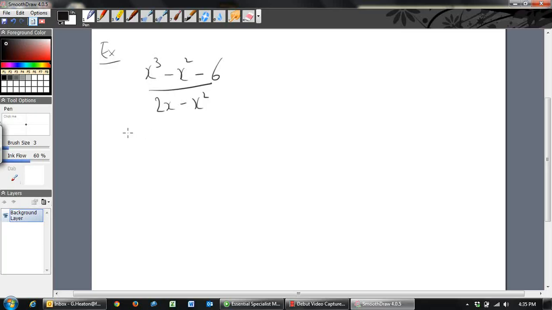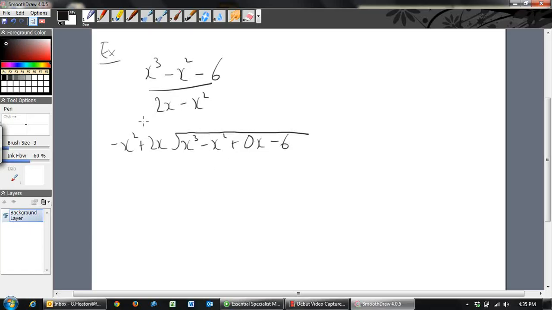And I've used up a lot of space already. Let's go. Let's do long division, negative x² plus 2x, let's divide that into x³ - x² + 0x - 6. Make sure you put all terms in there.